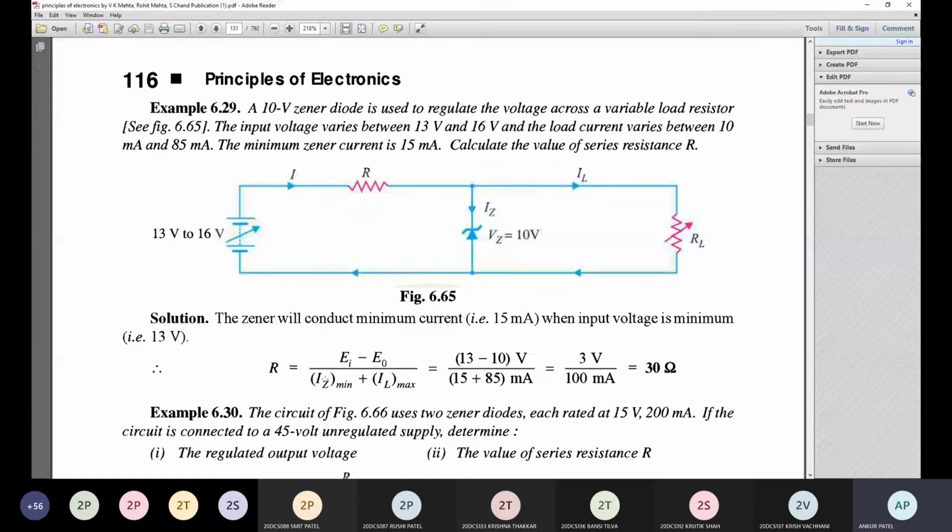So R is equal to (EI minus E0) upon (IZ minimum plus IL max). So we get 30 minus 10 upon 15 plus 85. According to the minimum and maximum current, you need to consider the source voltage, and accordingly consider IZ and IL. IZ is already given as minimum, and we need to consider IL maximum. So we'll get the 30 ohm resistor.